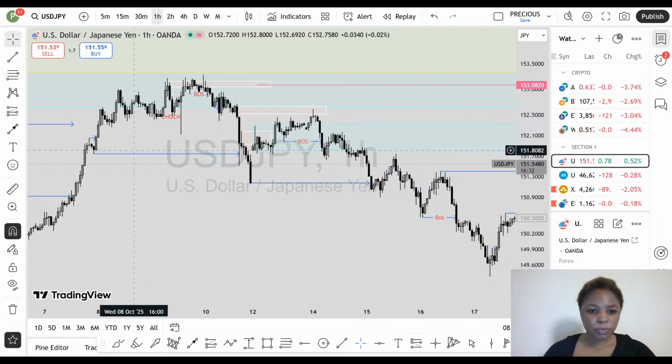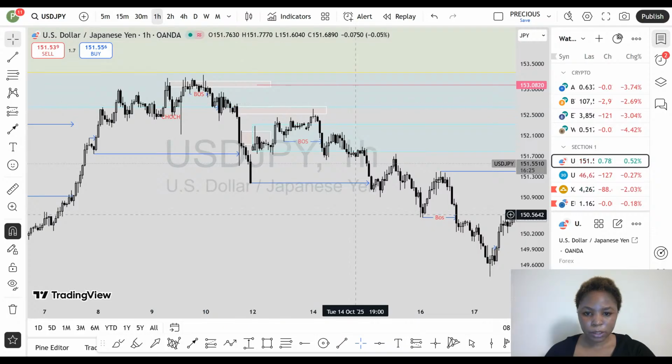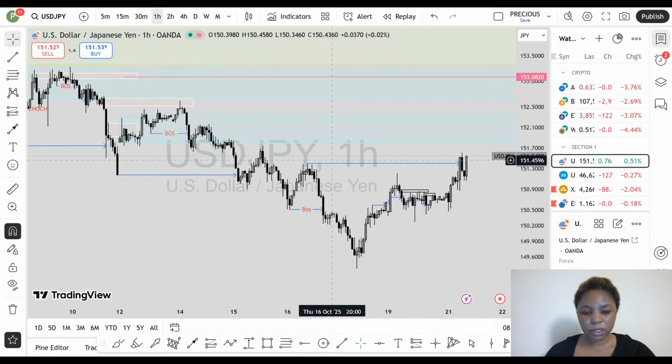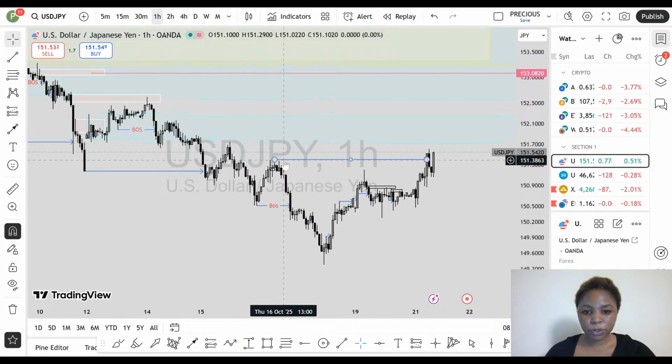Price created a break of structure here, mitigated this other block here. You guys can see this other block here has been mitigated. This other block here has not been mitigated. So price was able to give us a break of structure to the upside again.